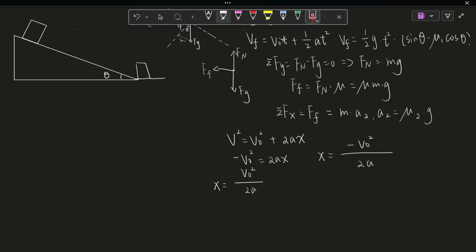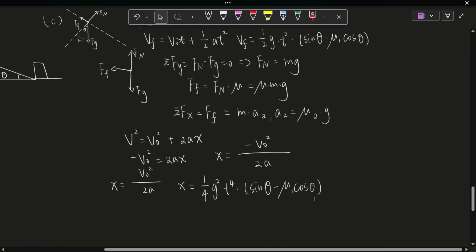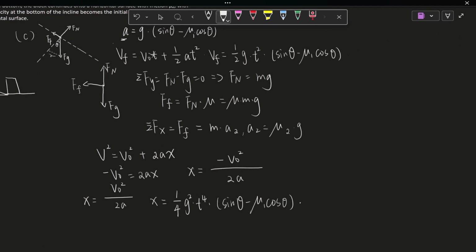We can get x is equal to, this is a little bit complicated, a quarter of g squared times t to the fourth power times sine theta minus mu1 cosine theta, squared, times 1 over 2 mu2 times g.